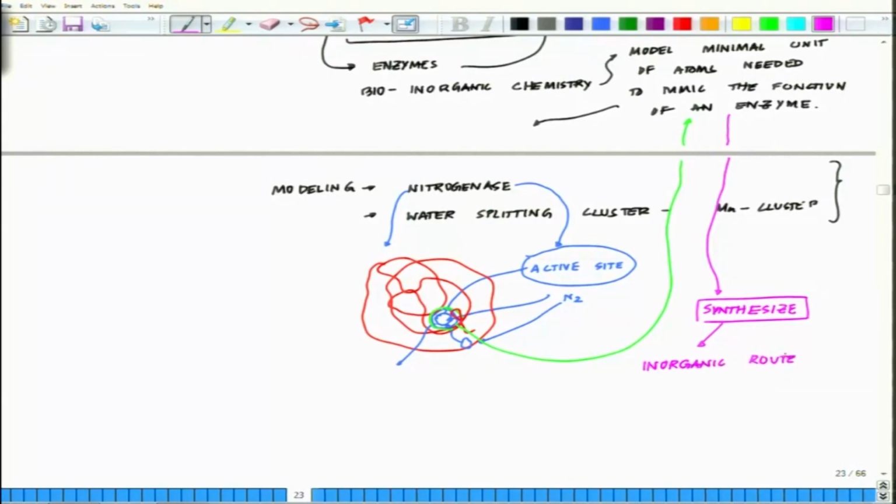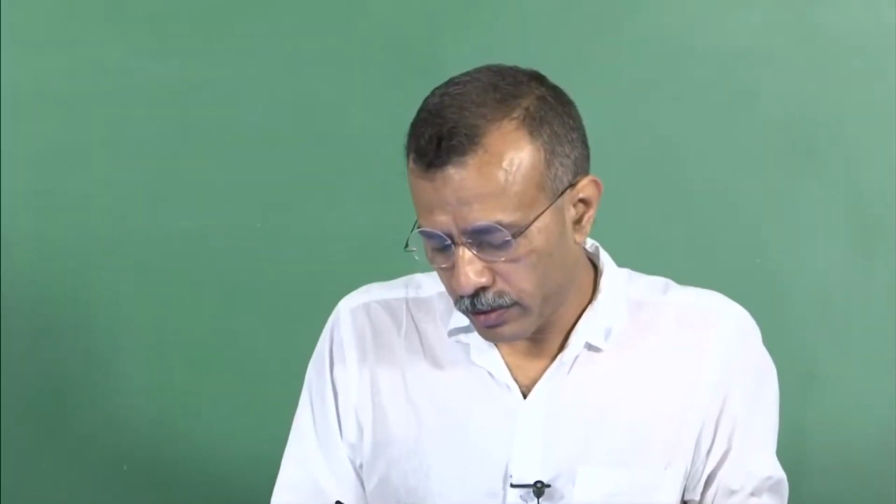If it is a stable inorganic route, then you can actually transform nitrogen to your desired product in a controlled environment.